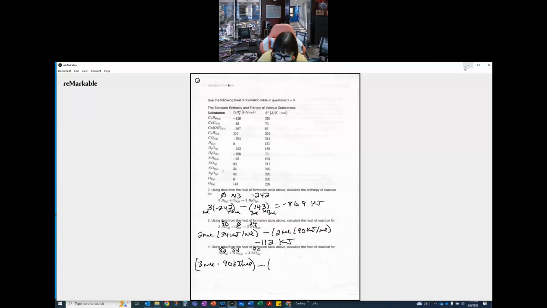So I have 3 moles times the 90 kilojoules per mole, minus the quantity 1 mole times 82 kilojoules per mole plus 1 mole times 34 kilojoules per mole. And so I have 3 times 90 minus the quantity 82 plus 34.